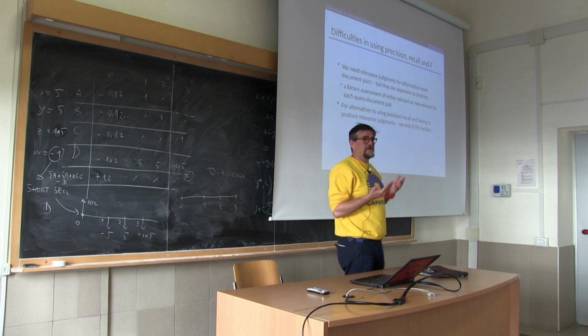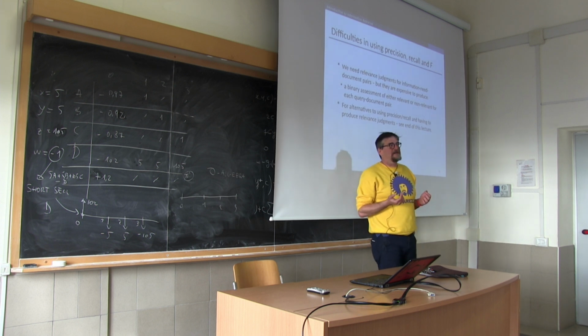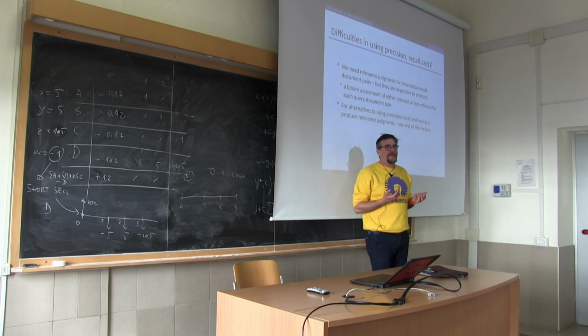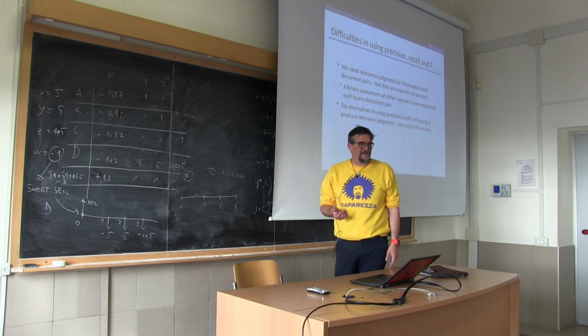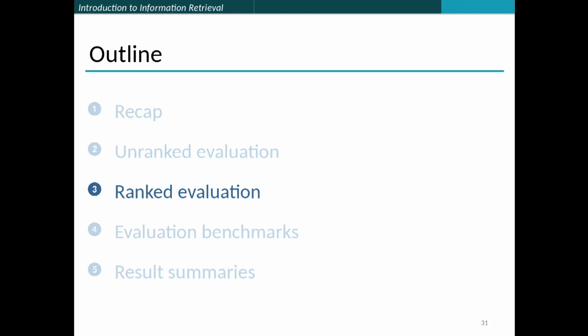So the question is, okay, now I can evaluate a system that is not ranking. What can I do with a ranked system? And so the purpose of the next slides is to discuss ranked evaluation. But before going further, are there questions?